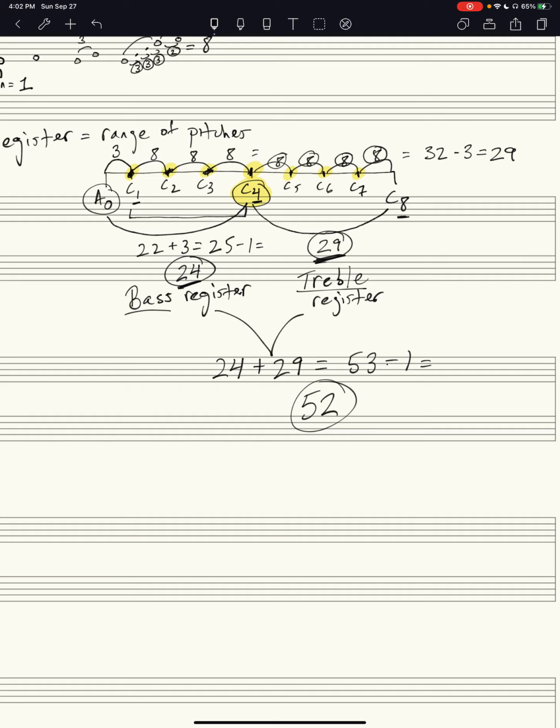And those are called the gross instrumental registers. Why gross? Large, like gross anatomy. So the large instrumental registers, the treble and the bass.